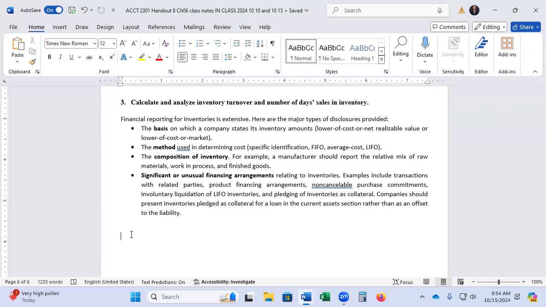Now, the stuff we got here for is to calculate and analyze inventory turnover and the number of days sales. And so we need pretty much just a couple formulas here, and they're fairly easy. And so inventory turnover, the formula for it equals your cost of goods sold, divided by your average inventory.